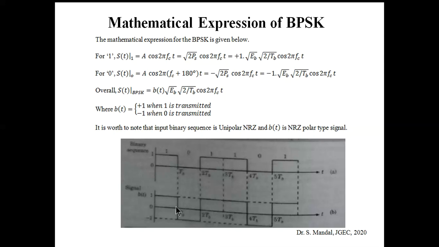So if you observe the corresponding waveform, it is similar to a polar type of signal. Okay, so you can see that this is polar. The property of the polar signal is that for 1 we get plus A by 2 volt, and for 0 minus A by 2 volt. So you can see that for 1 we get 1, and for 0 we get minus 1.